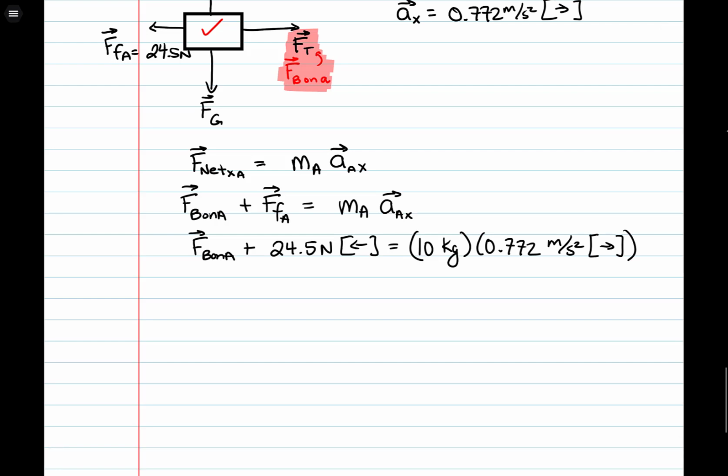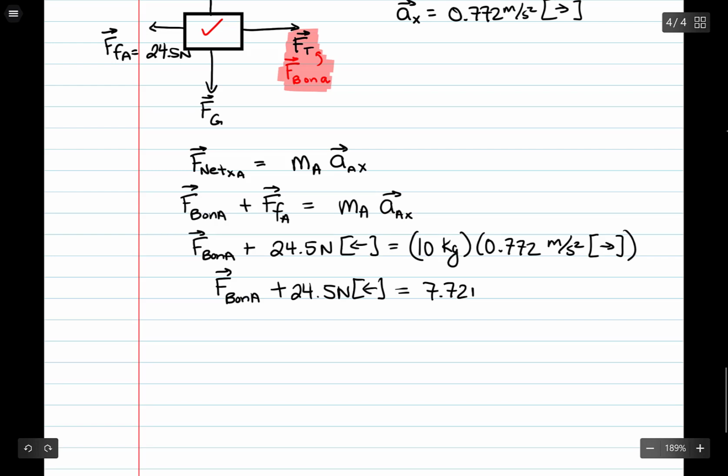Okay, so that tells us F of B on A plus 24.5 newtons to the left must be equal to 7.72 newtons to the right.